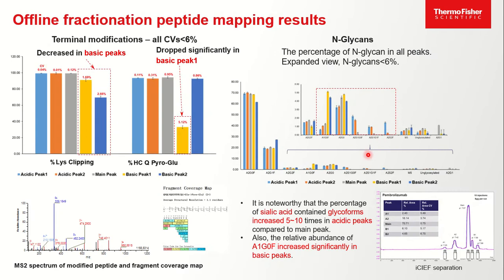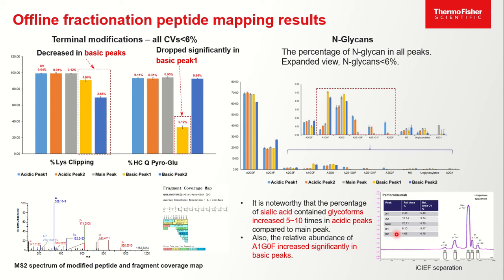In the first case, the CEInfinite Preparative iCIEF system was used for offline fractionation of charge variants of pembrolizumab, a highly selective anti-PD-1 humanized mAb, followed by a comprehensive peptide mapping analysis using a UHPLC mass system. In this study, we successfully collected 5 peaks, including 2 acidic peaks, 2 basic peaks, and a main peak.